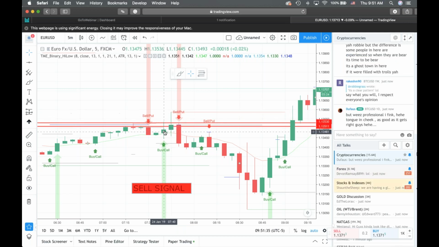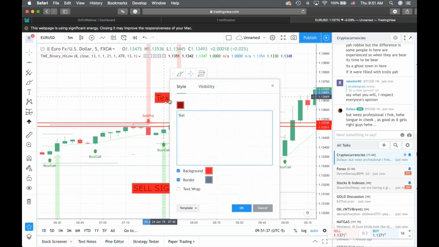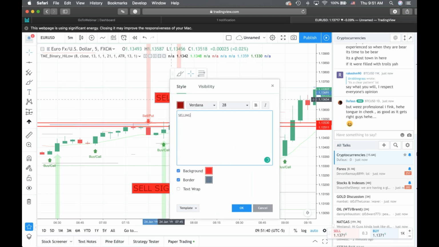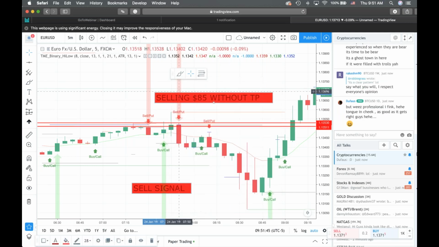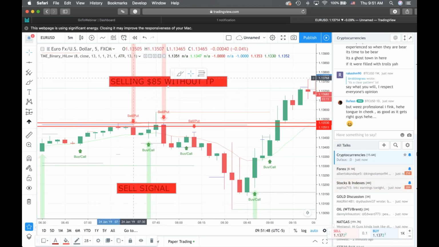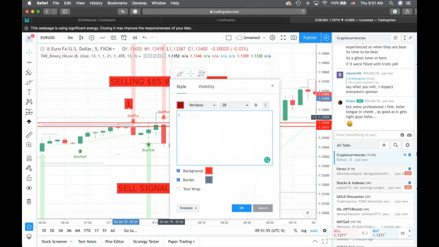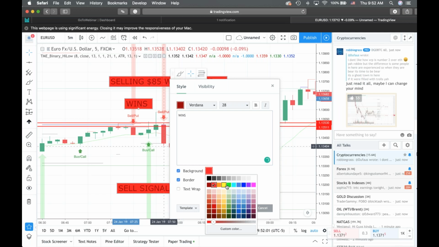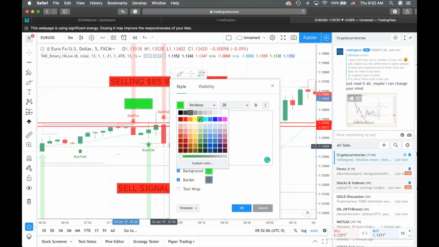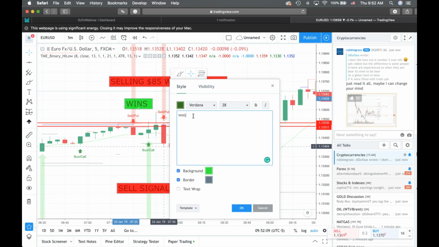expiration. So let's look at the full expiration values, for example, of selling at 85 without TP. Just on these two candles, we had wins, so wins we had two, right?